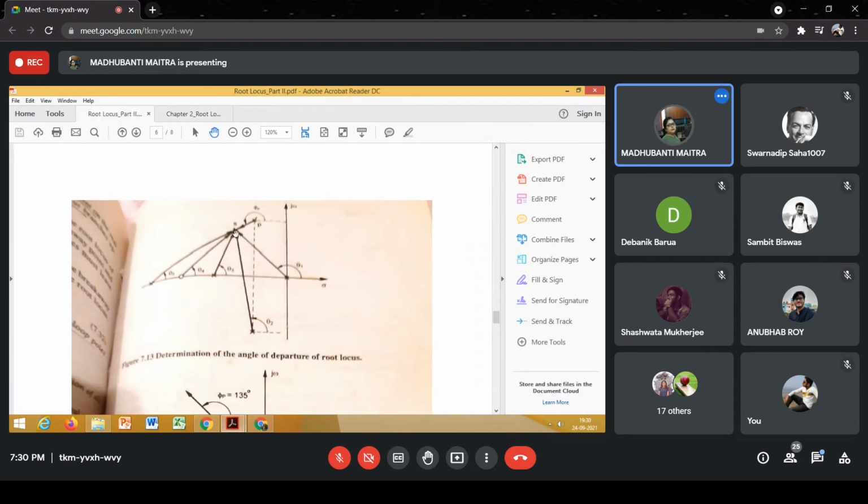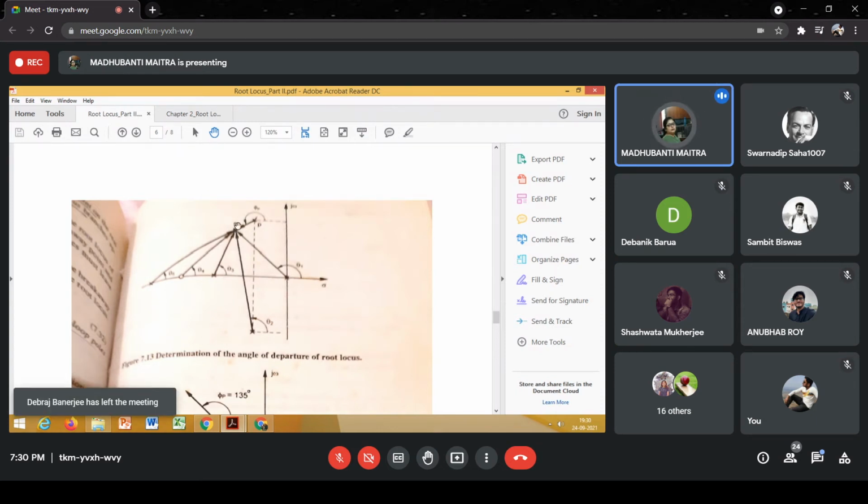Here we take a point s, which is an on-locus point. That means this point s, or s0, is lying on the root locus, and hence we can say that at this particular point the angle criterion is being satisfied, as it is an on-locus point.